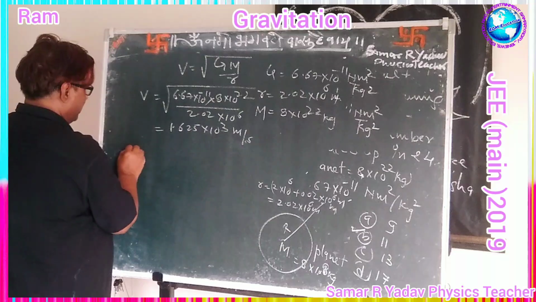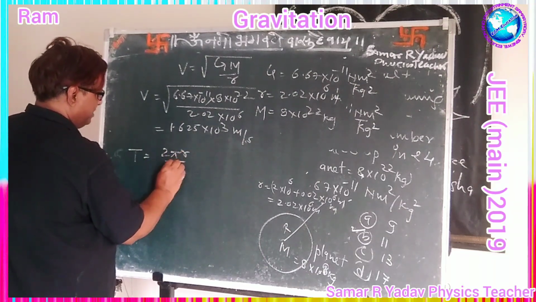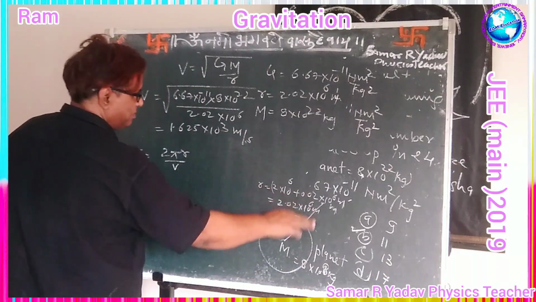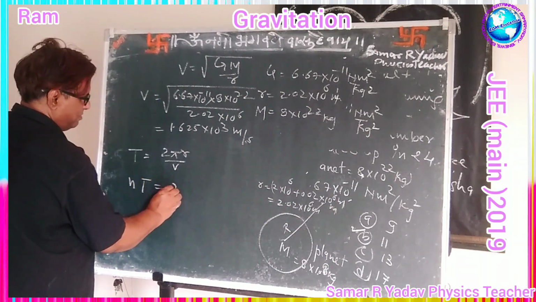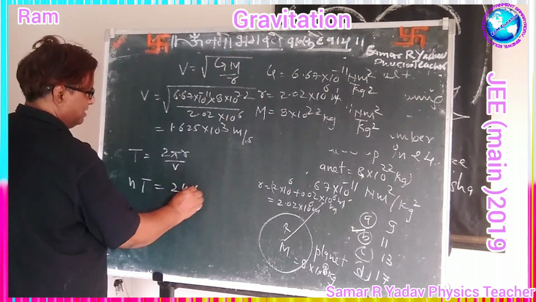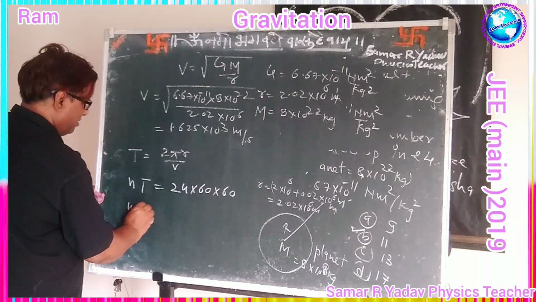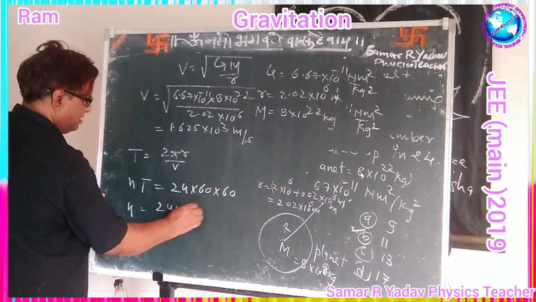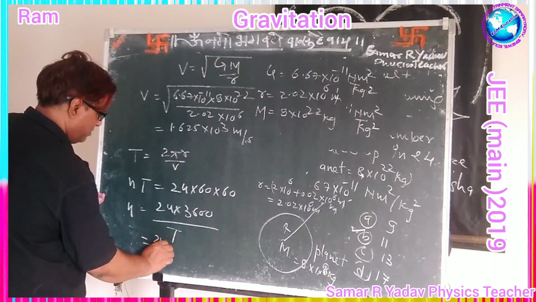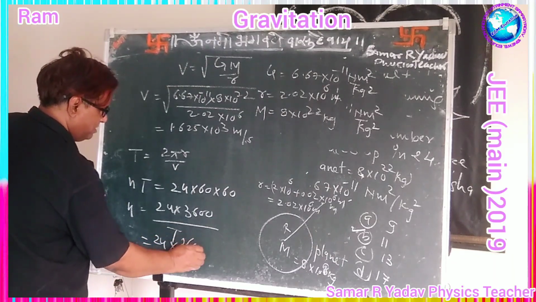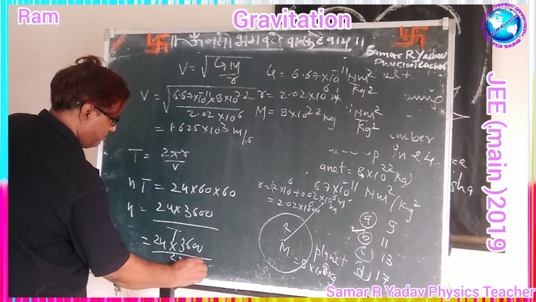We also know that the time period of the revolution T is equal to 2πR upon v. Suppose the spaceship executes n number of revolutions in 24 hours, which means 24 × 60 × 60 seconds. So n is equal to 24 × 3600 divided by T, where T is 2πR upon v.